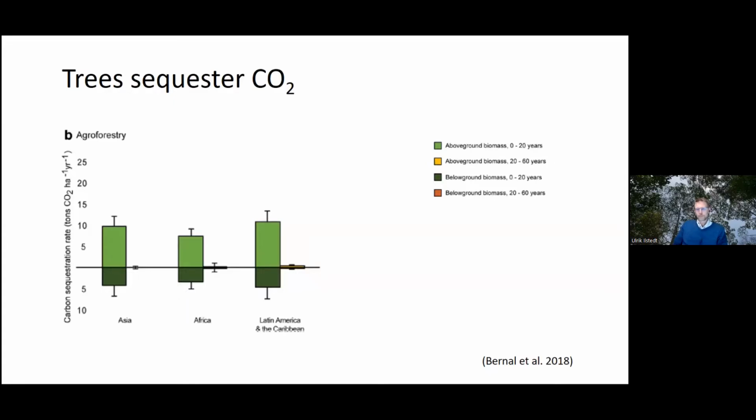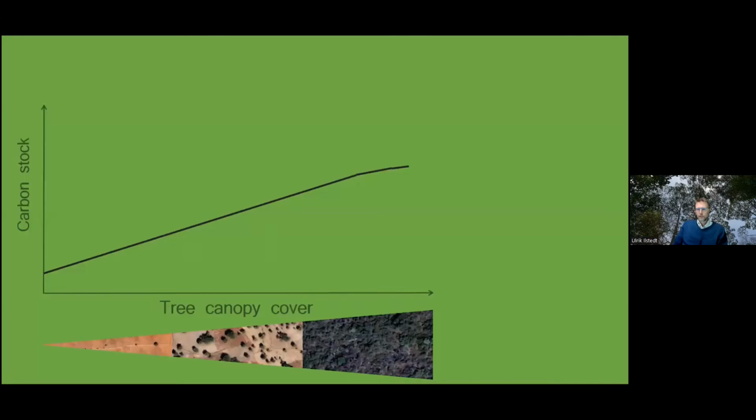So this part is not disputed at all. We have carbon sequestration, more or less depending on the situation. So we could basically simplify the pattern with tree cover and carbon stock by saying that if we improve the tree cover, we improve the carbon stock.